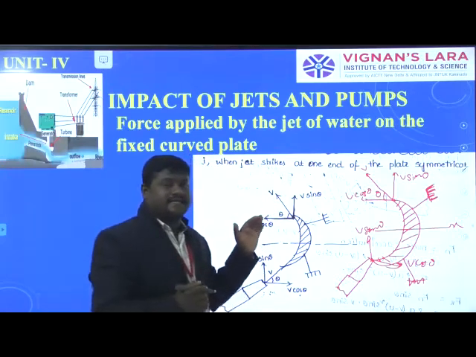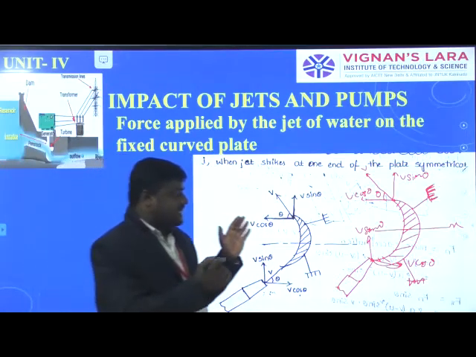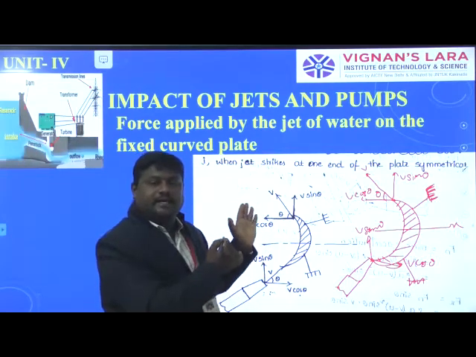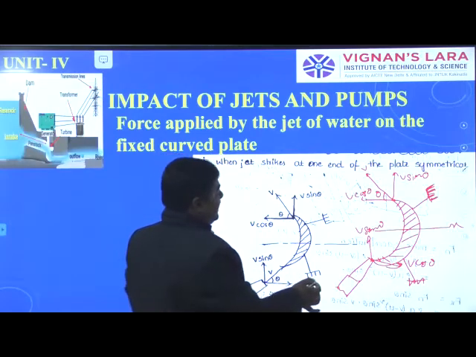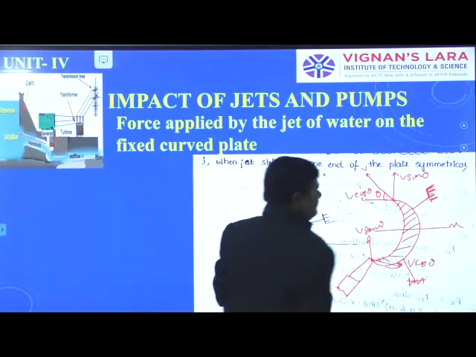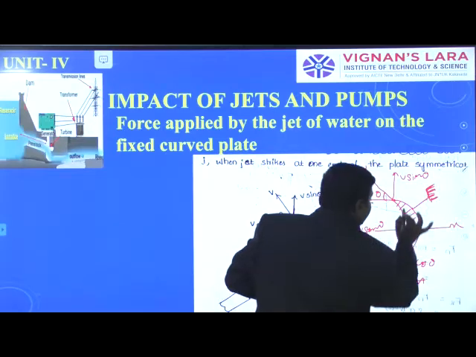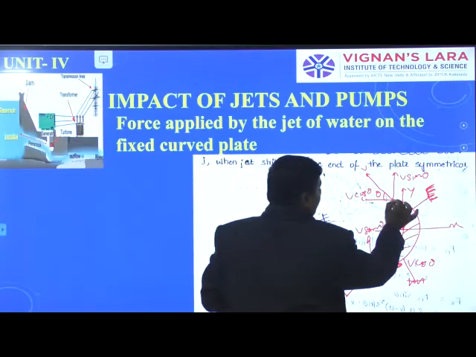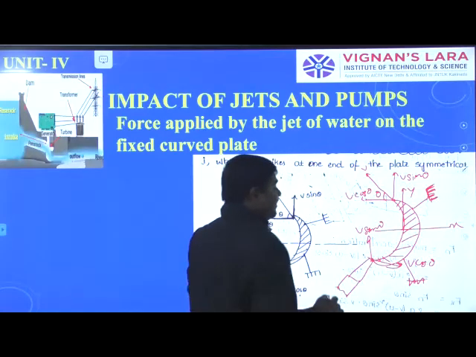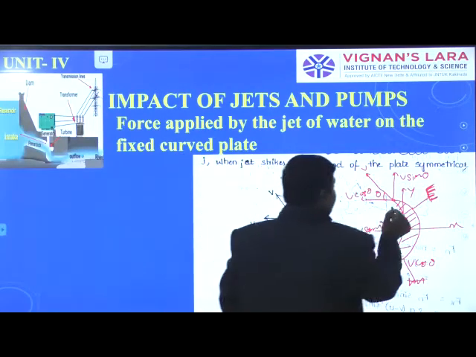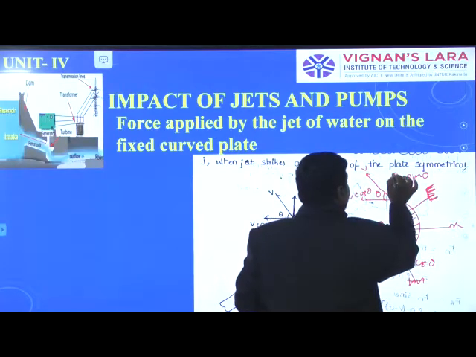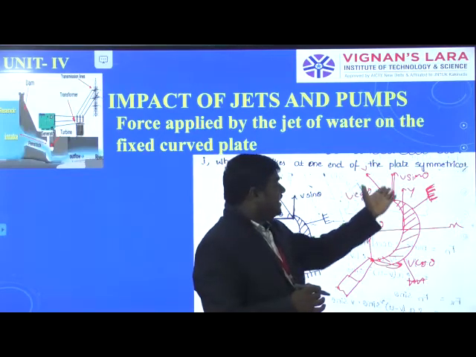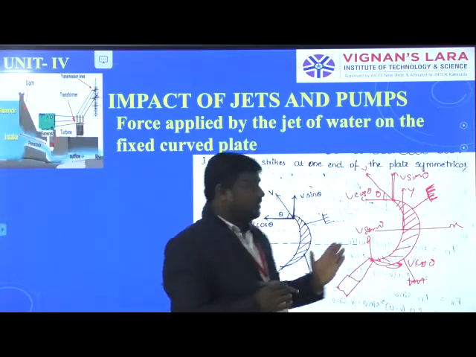In the previous class, a curved plate was discussed, but this is a symmetrical curved plate. This is the direction of x and the direction of y. This point is an end point, and this point is also an end point. In the x direction we take v cos theta, and in the y direction we take v sin theta.